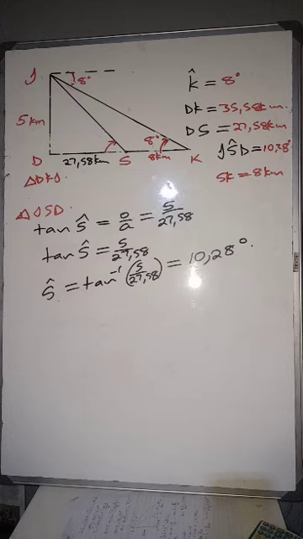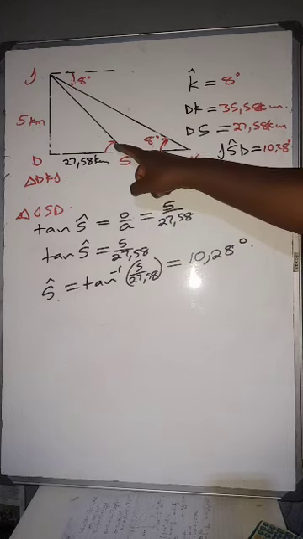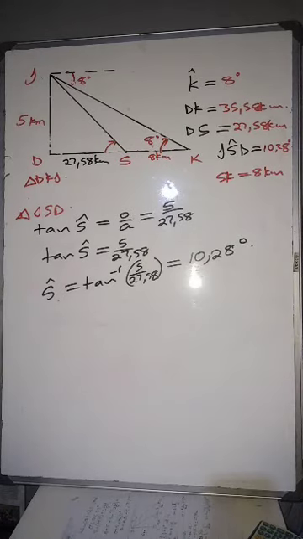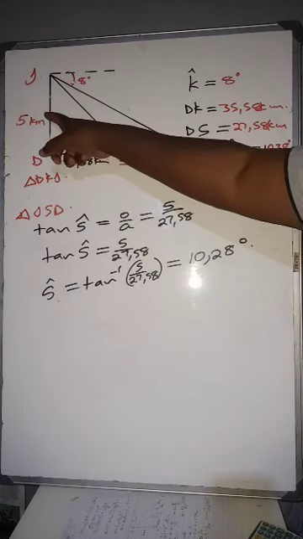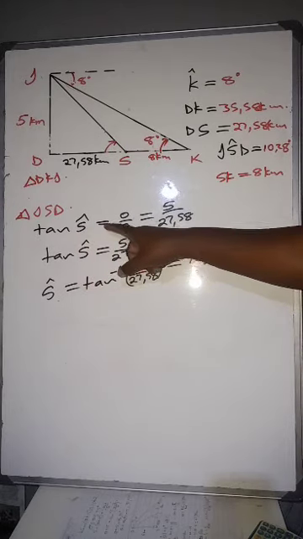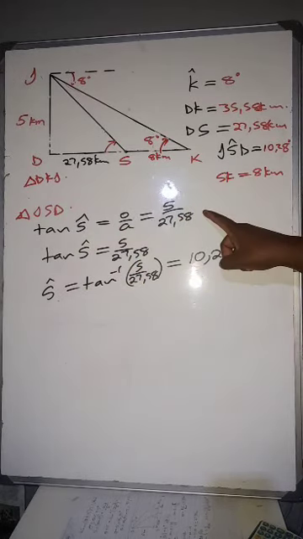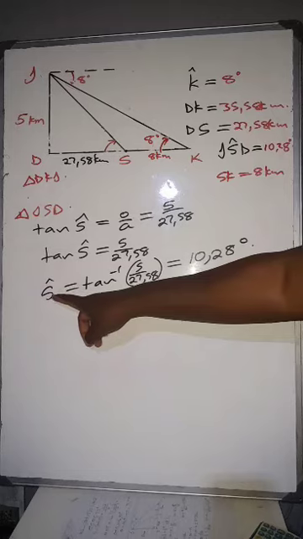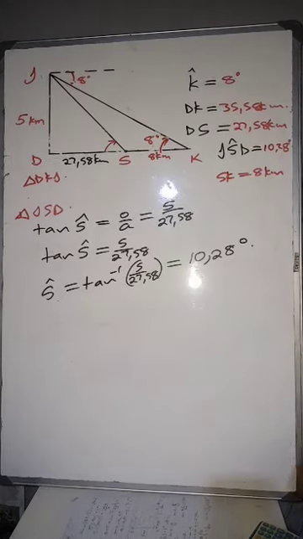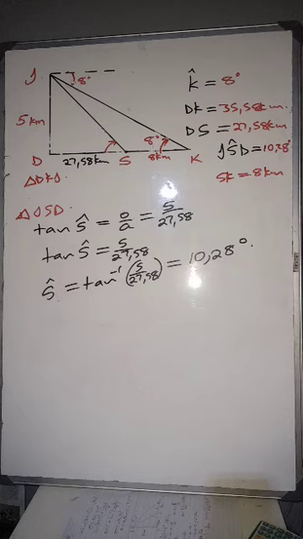And then the last part was to determine angle S in this triangle JSD, where we are given the opposite and the adjacent. So we used tan S, which is equal to opposite over adjacent, and S will be the second function of tan 5 over 27,58, which is equal to this one.